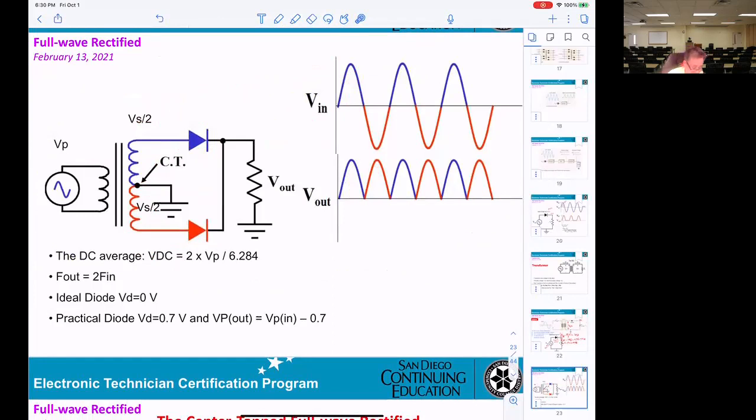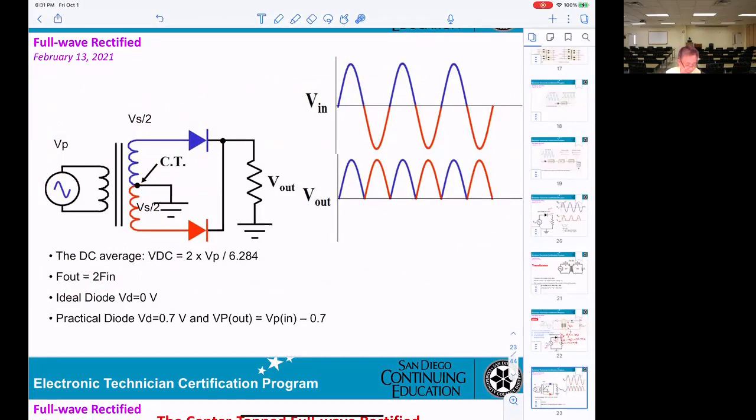However, we really care that the output frequency will be double the input frequency. If you get 1 kilohertz coming in, the output will be 2 kilohertz.